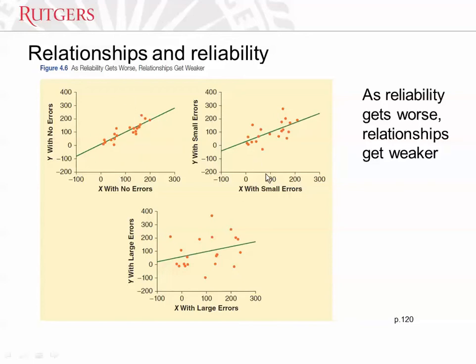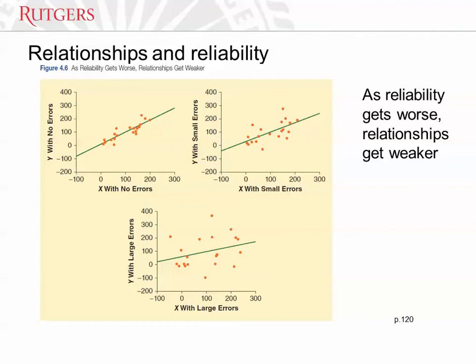If we begin to add error into x and y, notice that the scatter becomes more widespread, and there's an attenuation or a flattening of the line. And if we get to this bottom scatter plot with a lot of error in both x and y, the dots become really scattered and the line becomes much flatter. This means, in a sense, that if there's a real relationship in the world, you may be missing it because of poor reliability in your measurements.